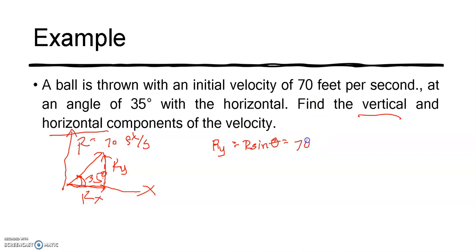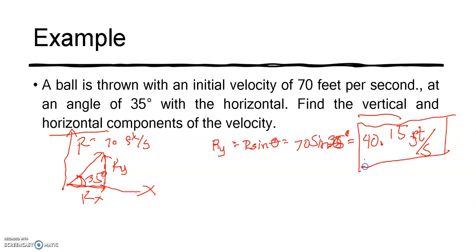Your answer is 70 sine of 35 degrees, which is equal to 40.15. Of course, you need to provide your unit to have a right answer. The unit is feet per second. That is your answer, 40.15.